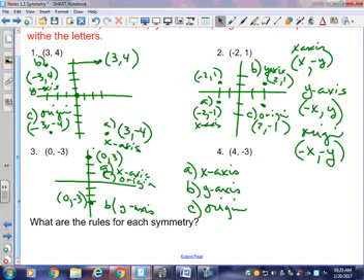So if you know the rules that we've come up with, do you need a picture to do it? No. You should be able to take any point and flip it.